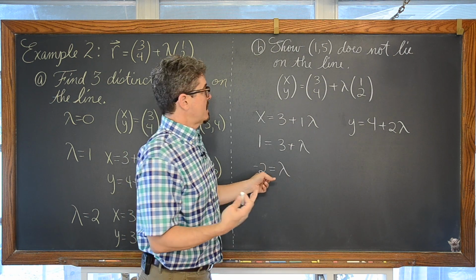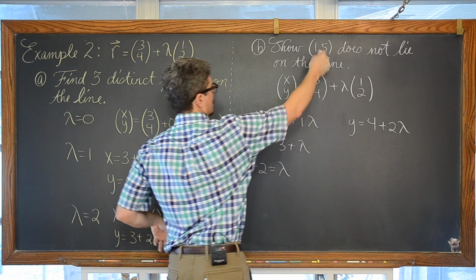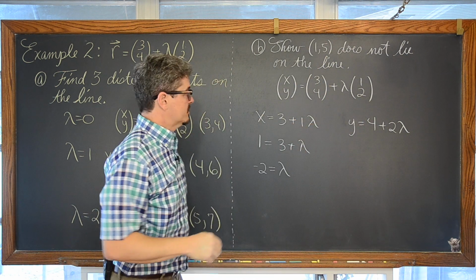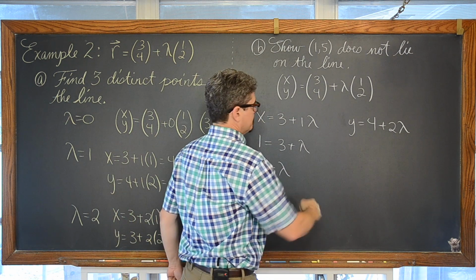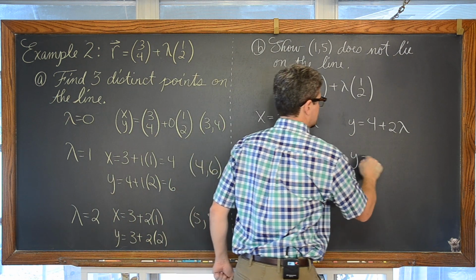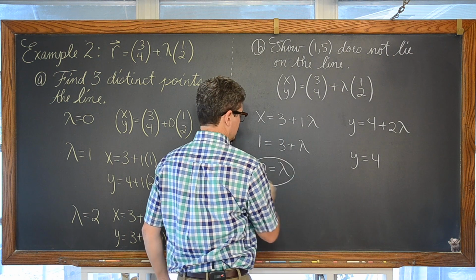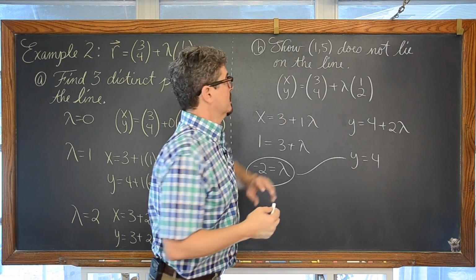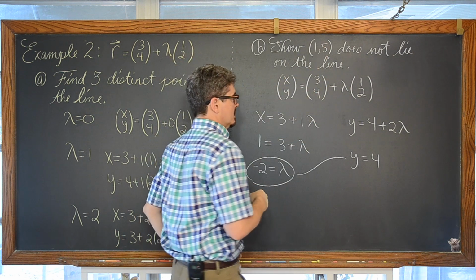It's not a constant. It's just how you basically move from this point of 3, 4 to this point of 1, 5 with this direction vector. But let's check it. So now we have y is equal to 4. I'm going to use this lambda because it's specific to this point, or this x-coordinate really. I'm checking whether or not the point falls on the line.